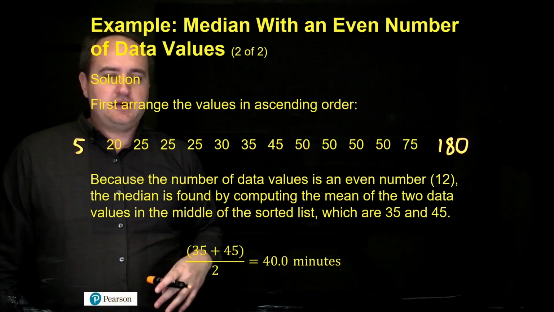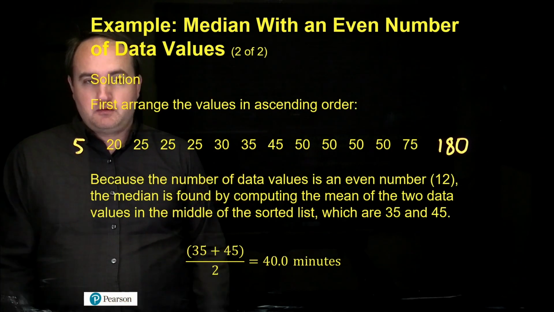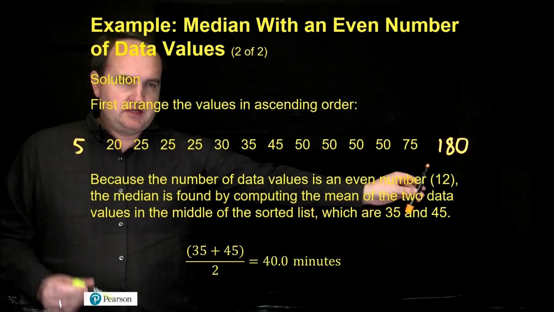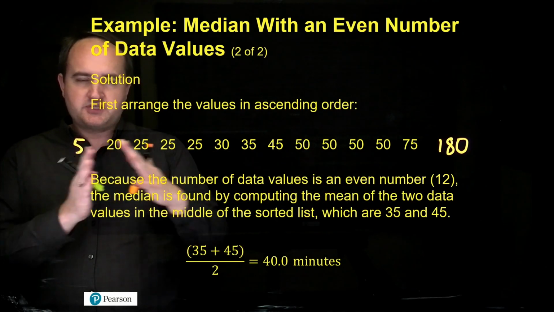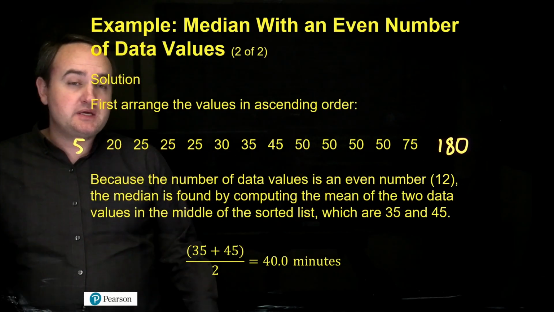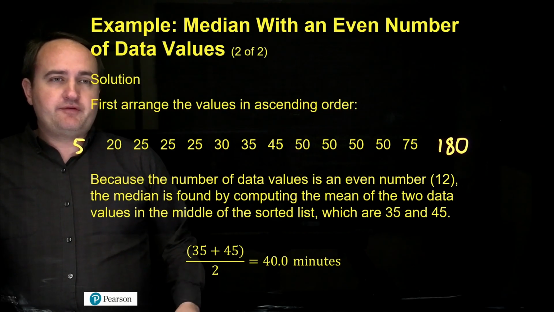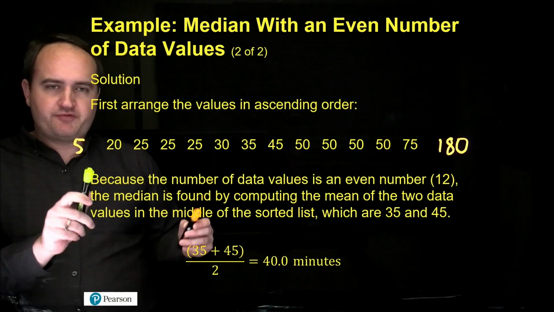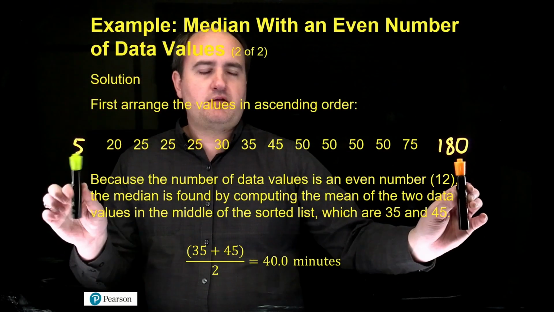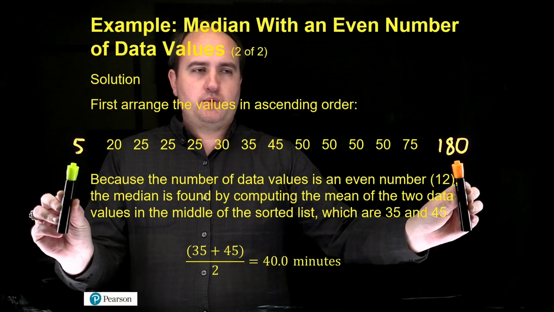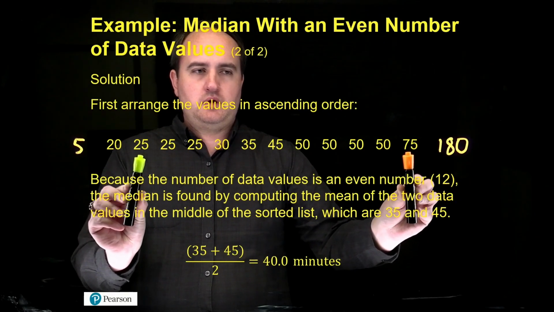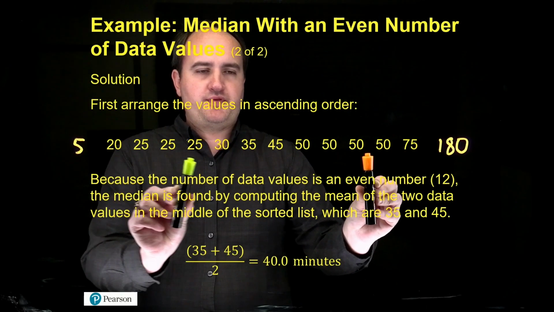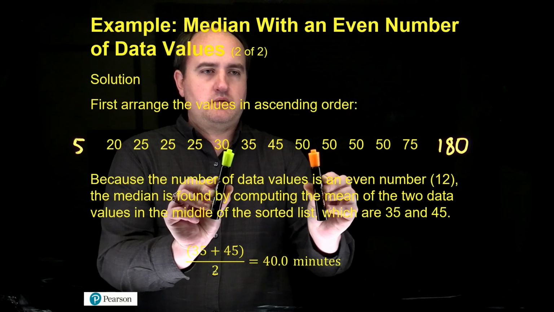Now, if we were calculating the mean, these outliers could really change our mean by quite a bit. But if we're doing the median, if I put this outlier here and that outlier there, we would still count inward, and we would still end up with exactly the same median.